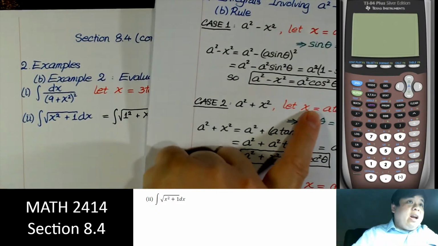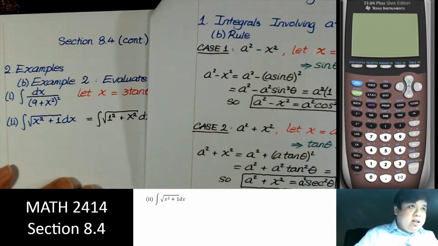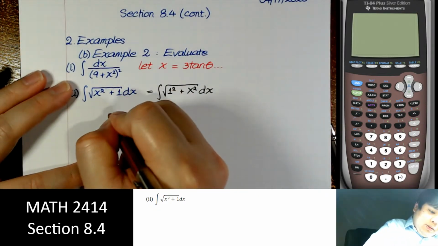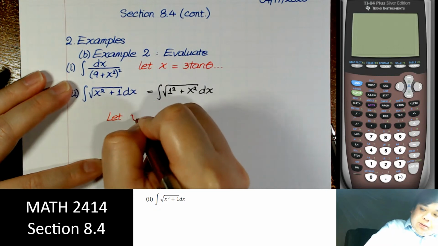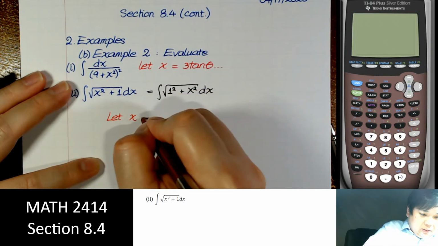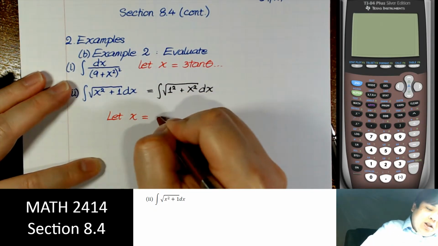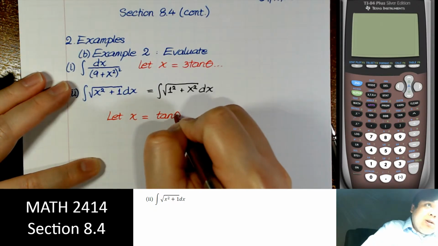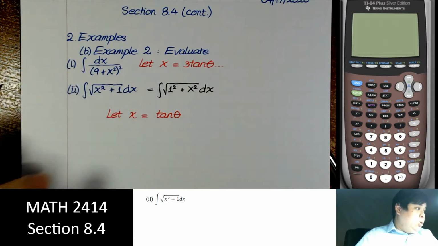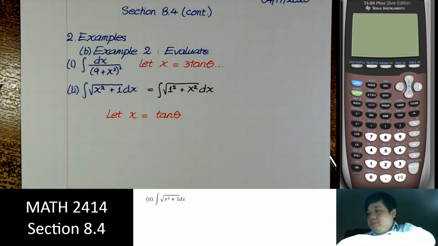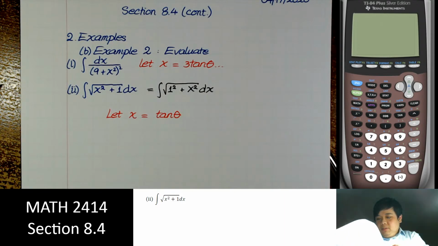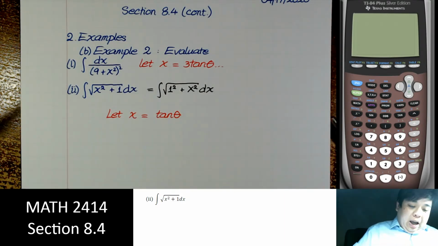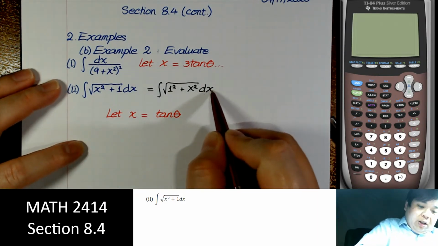We're going to let x equal a tangent theta, so just tangent of theta, because a equals 1. Right. And then we're going to solve for dx.